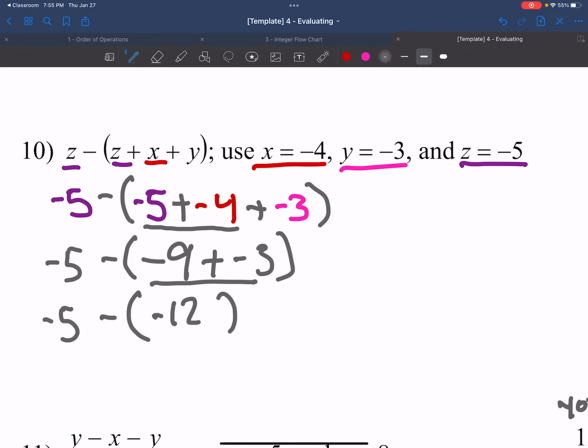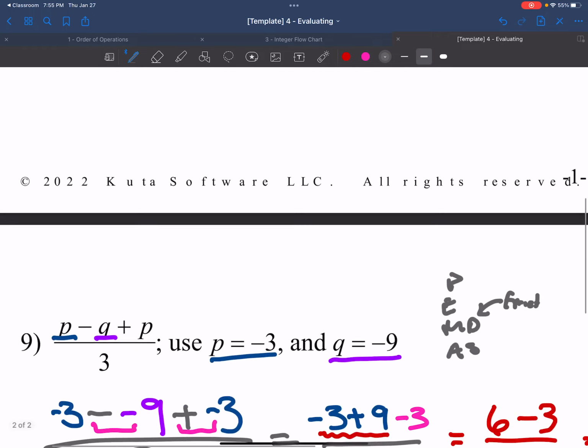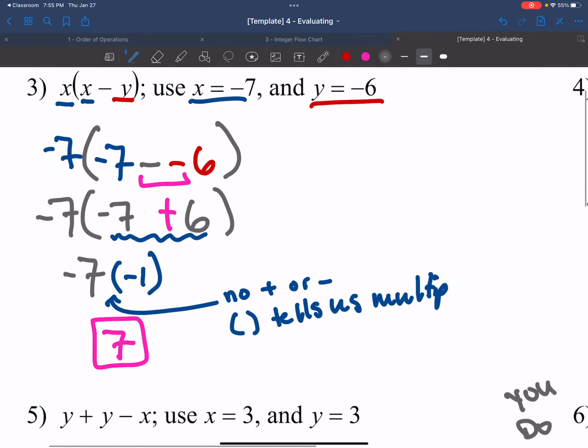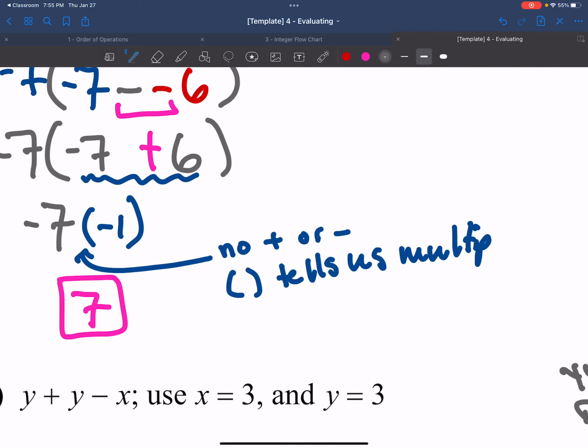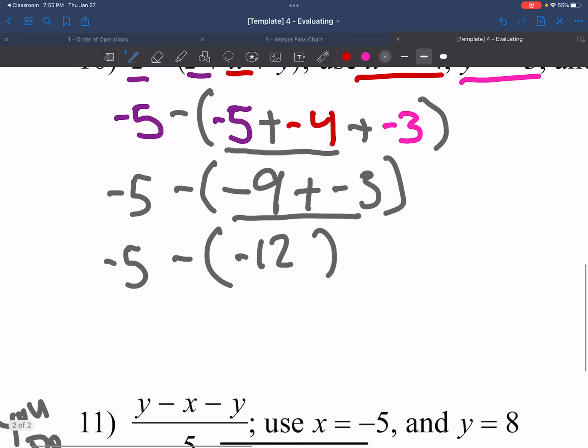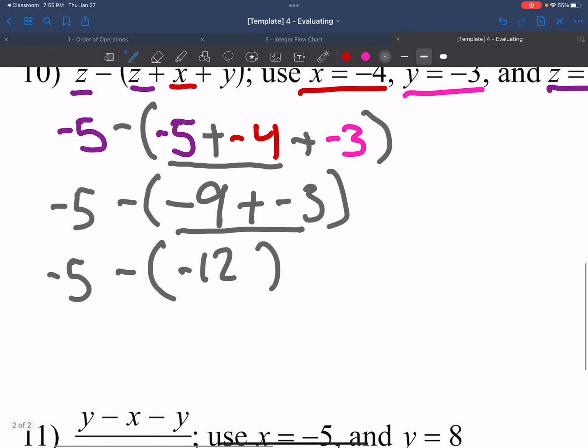And then now compared to number 3 here, see how we had negative 7 parentheses negative 1 parentheses? There was no plus or minus sign in front of that parentheses. Well, this one, we do have a plus or minus sign.